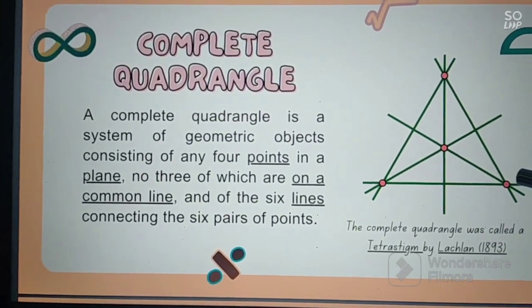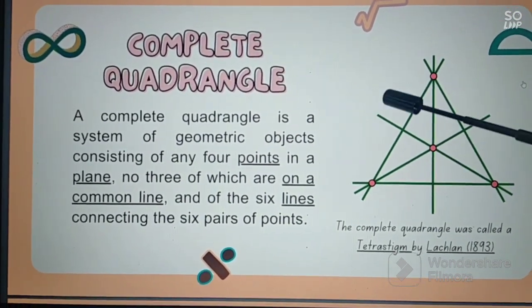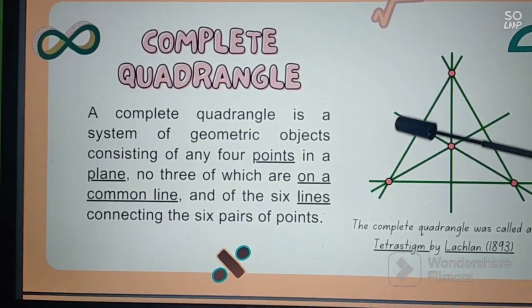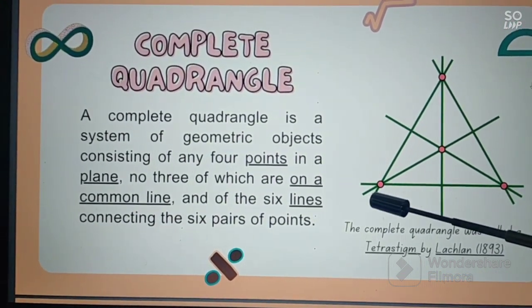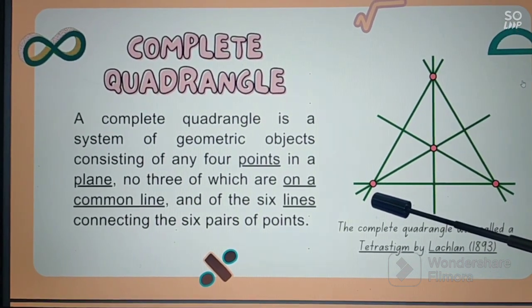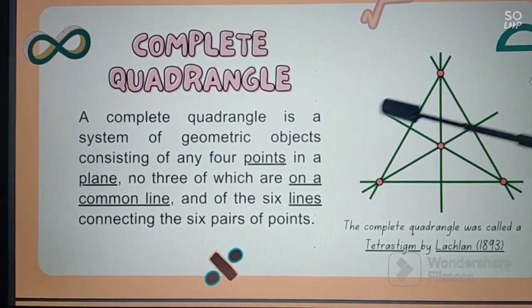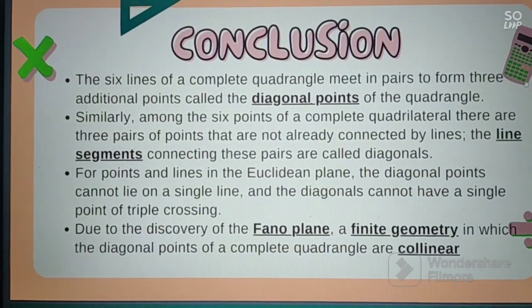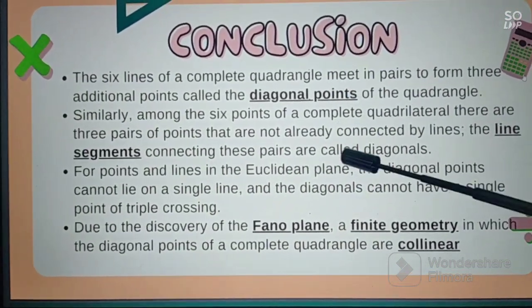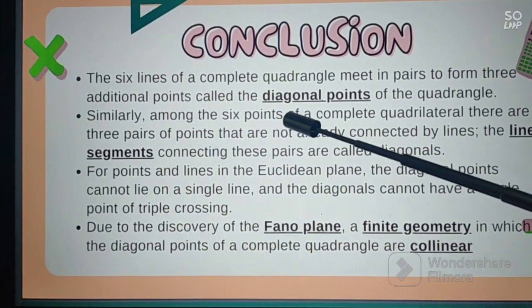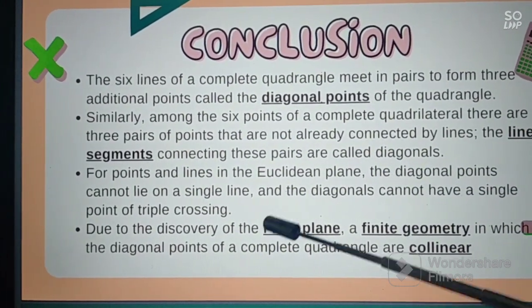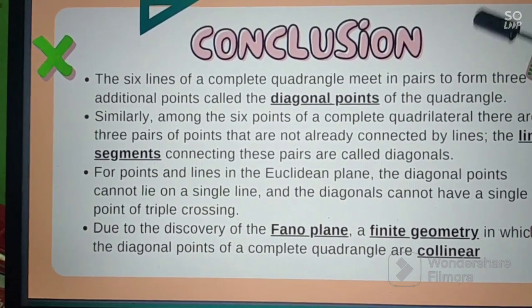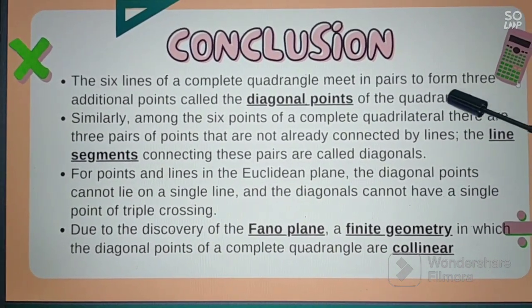From that, we have another line that is diagonal to this pair of lines, which now makes 3 lines at a point. And that is called a diagonal point. There is an additional point that was connected by that pair of lines.